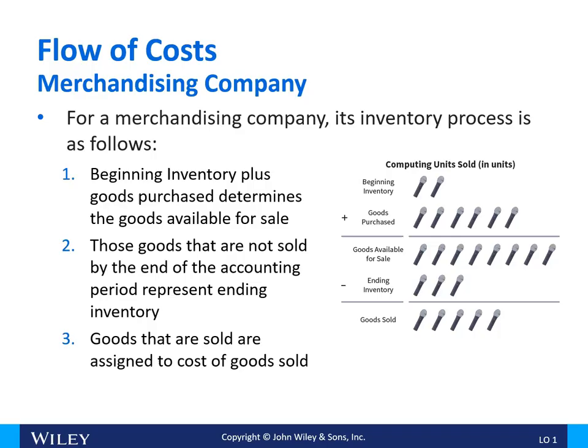And this formula works for both the value, so the dollars, and the number of units. So if you add up units, you can use the same formula. We see more of that in, I think, chapter 6 when we talk about the different types of inventory systems and how you account for inventory.